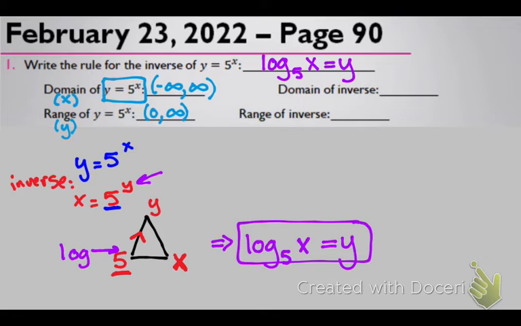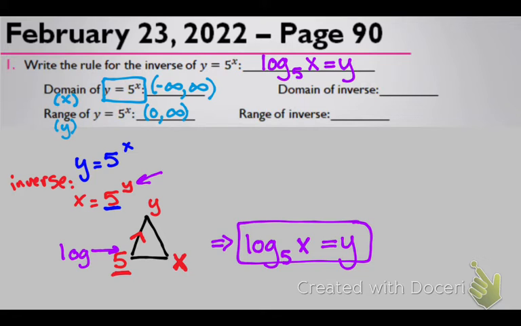Okay. So we said earlier that finding the inverse means we're switching our x and our y. And we just said that domain is x and range is y. So if I want to do the domain of the inverse and the range of the inverse, what would I do to my domain and range from that function?